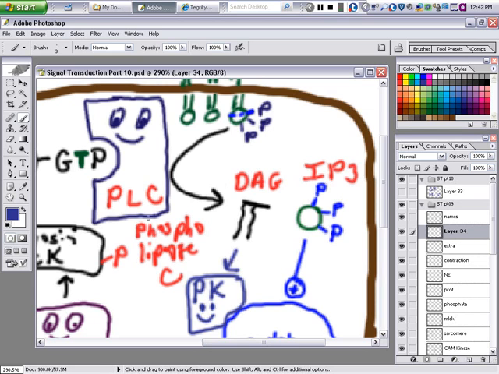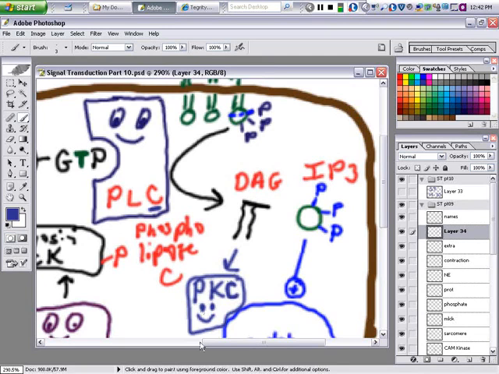It is C because phospholipase C ends up activating protein kinase C. So that is the kinase that's activated by diacylglycerol, and it goes on to phosphorylate lots of other things in the cell.